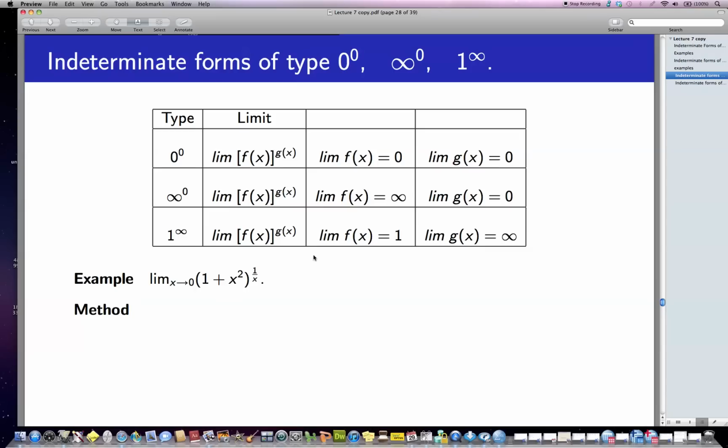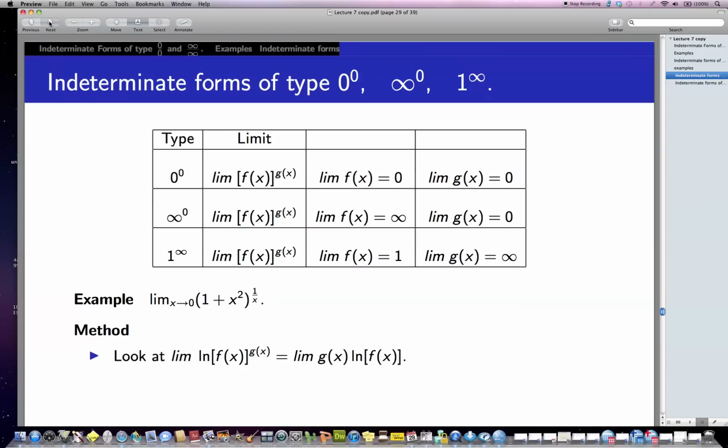So how do we deal with these indeterminate forms? Basically, we start by looking at the logarithm, the limit of the logarithm of f of x to the g of x. So the limit of the natural log of f of x to the g of x is the limit of g of x times the natural log of f of x.